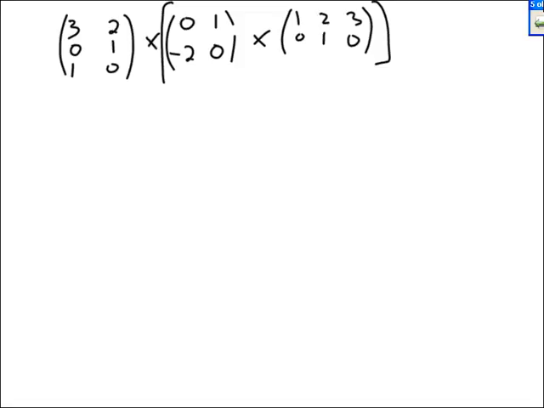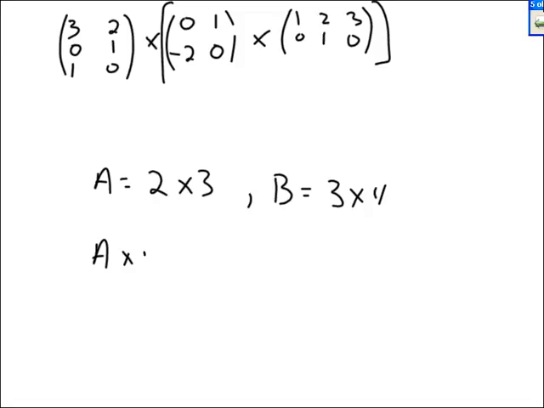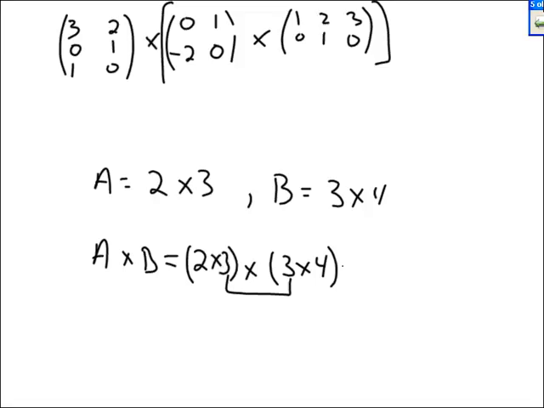Well, if A is a 2 by 3 matrix and B is a 3 by 4 matrix, well, A times B will be well defined. A is 2 by 3 times B, which is 3 by 4. Since these are the same, you will get a 2 by 4 matrix.